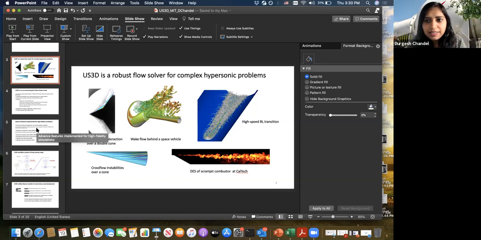So for almost a decade, US3D has been really good at predicting flow over blunt bodies, especially steady flow. Of course, there have been improvements in the unsteady regimes, like the size of the separation bubble, instabilities, transient growth analysis, etc. They have been developing that capability.